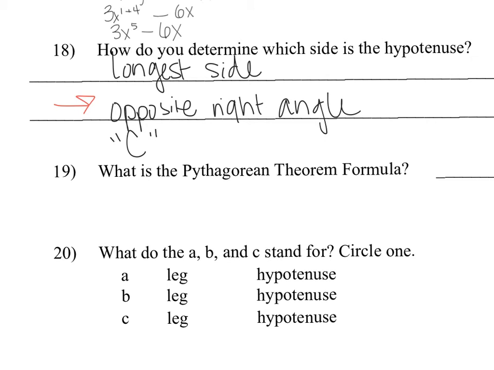Number 19 asks, what is the Pythagorean theorem formula? If you were listening closely, you heard me say that the Pythagorean theorem is a squared plus b squared equals c squared, or your hypotenuse squared. That'll be really nice on your final if you have that formula memorized.